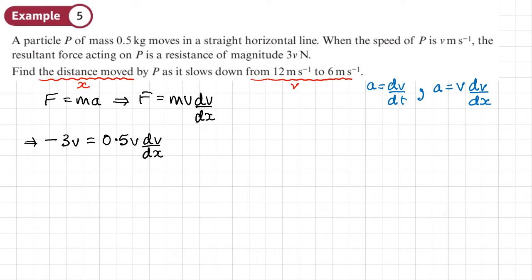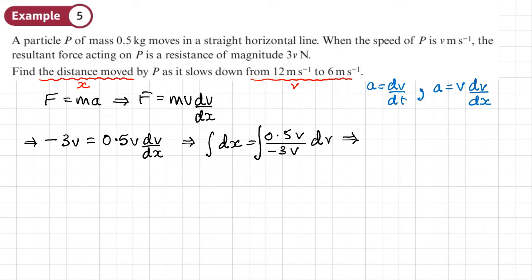So we're now going to separate out the variables. We'll just have the integral of dx equal to 0.5v divided by negative 3v dv, and we'll integrate that with respect to v.